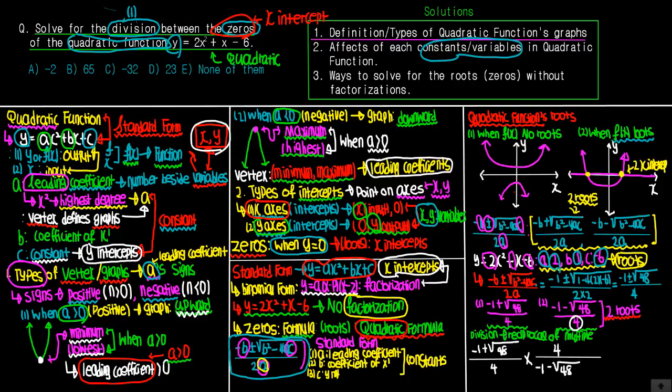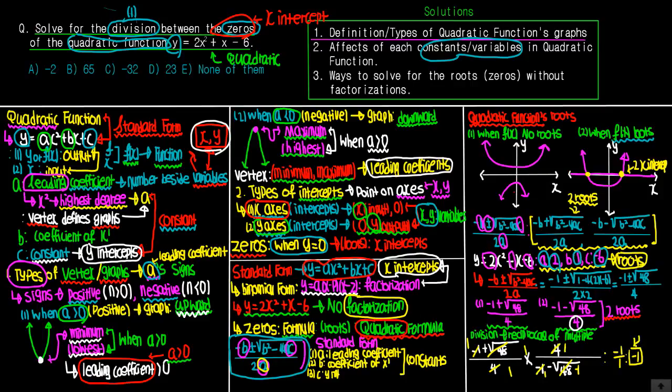And if you simplify all of it, the 4 and the 4 will turn to 1. Negative 1 and negative 1 will turn to 1. Positive 48 divided by negative 48 will be negative 1. So it will be negative 1 over 1, which is essentially going to be negative 1. So our negative 1 will be the multiplication between the roots.